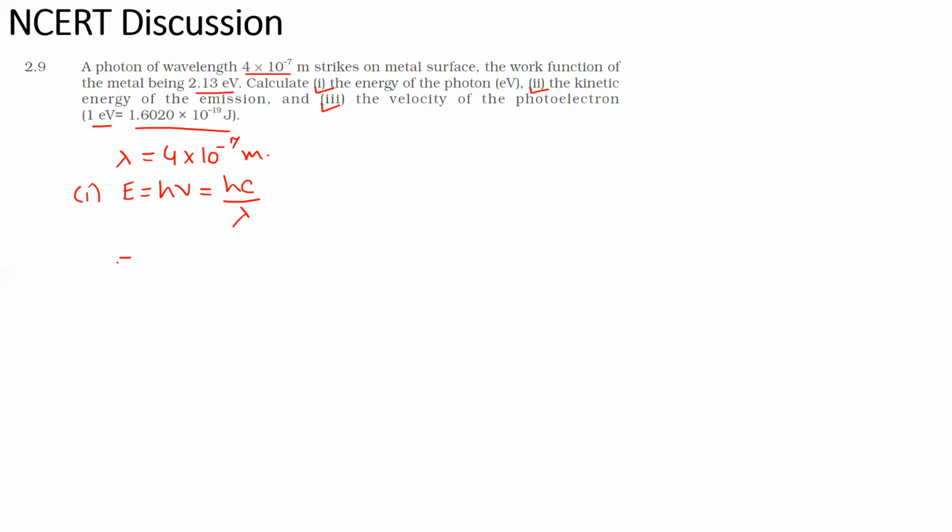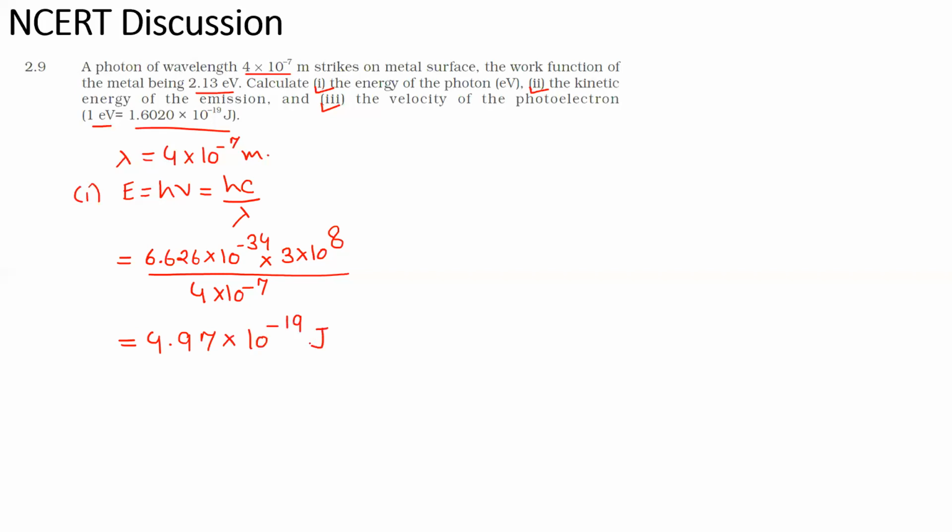Here h is the Planck's constant, which is 6.626 into 10 to the power minus 34, into c, the speed of light or the speed of electromagnetic waves, 3 into 10 to the power 8, upon the wavelength that is given to us, that is 4 into 10 to the power minus 7. If you solve this, then this will be equal to 4.97 into 10 to the power minus 19 joules.